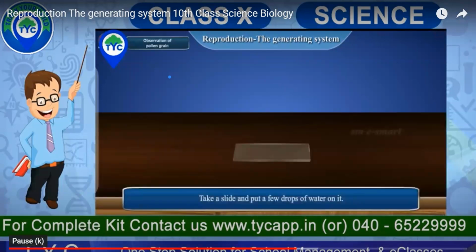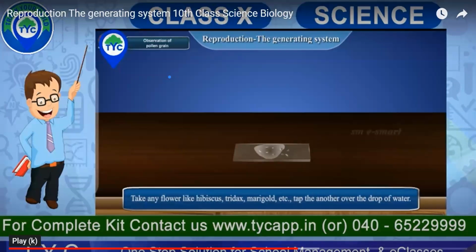So let us observe a pollen grain. And to observe a pollen grain, we have got a small activity. We'll take a slide, and upon that slide, we are going to drop a few drops of water. And then we'll take a flower like hibiscus. We'll take either hibiscus, tridax, or marigold, or datura, which are commonly found flowers. And then what we are going to do is tap the anther over the drop of water.